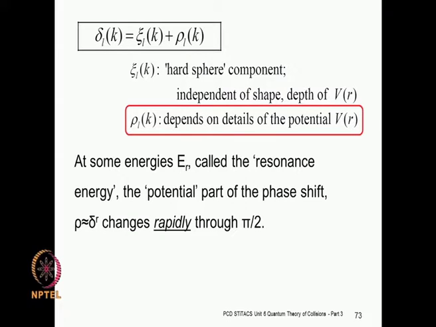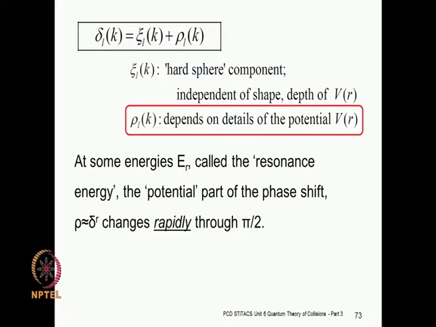and at some particular energies which we shall refer to as the resonance energies, at these energies the phase shift rho, this is the part other than the hard sphere component, will change very rapidly in the vicinity of the resonance.